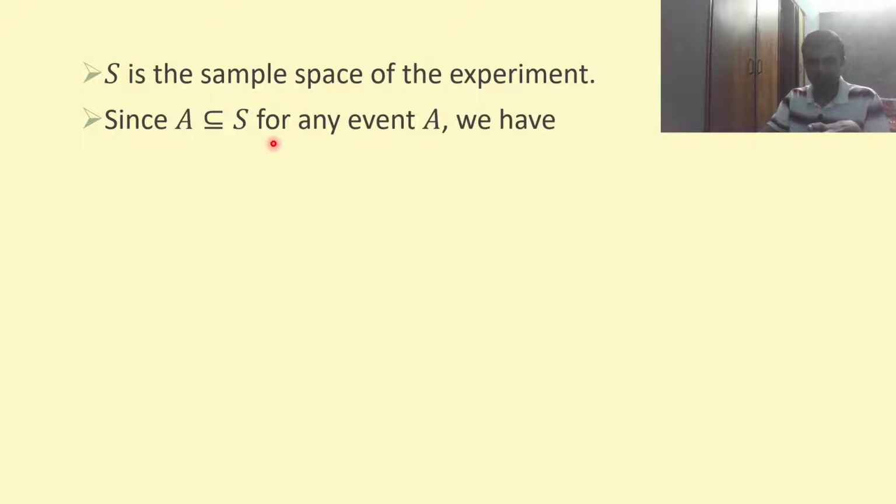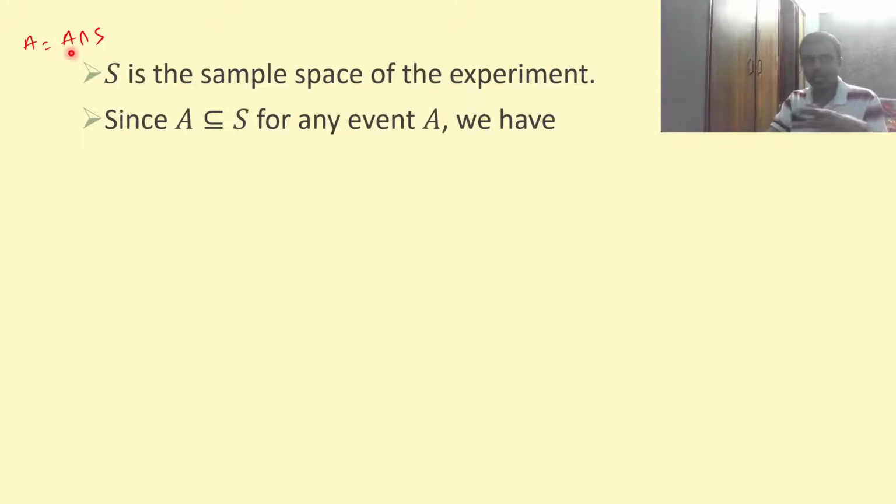Next, since A is a subset for any event A, what we have is, listen carefully, this is a little tough. What you'll see next is A is nothing but A intersection S. Now what does this line mean? S contains all the possible outcomes.